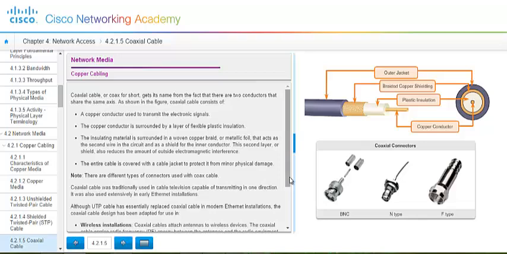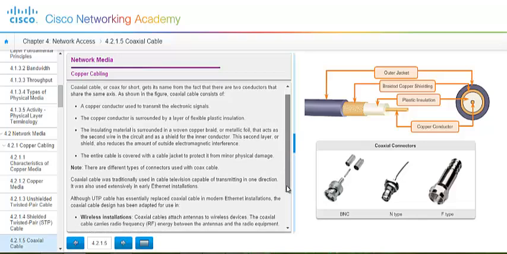Next we have our coax cables, or coaxial cables. It gets its name from the fact that there are 2 conductors that share the same axis. As shown here, we have our outer jacket, you have your braided copper shielding, you have your plastic insulation, and then you have your copper conductor.